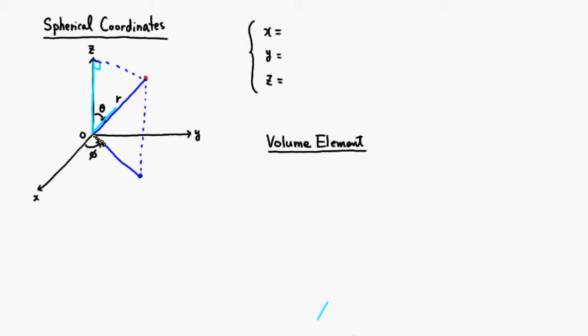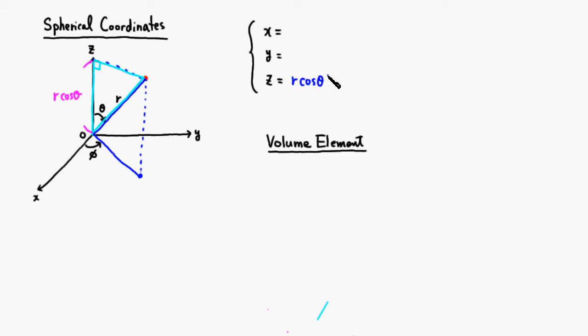We can do r times cosine of theta, which will give you this value right here. So the z value is simply r cosine theta. I'm just going to write that down: the z value is r cosine of theta.